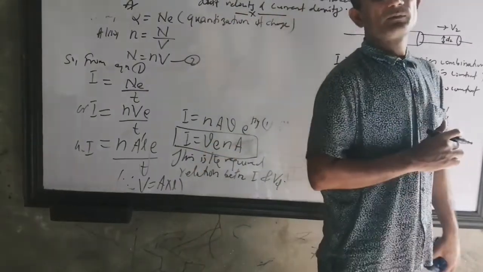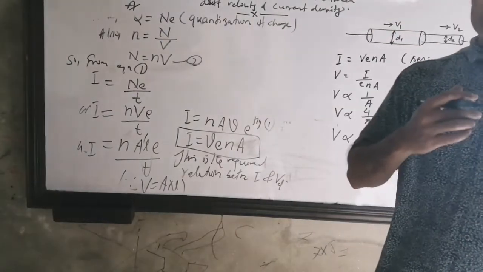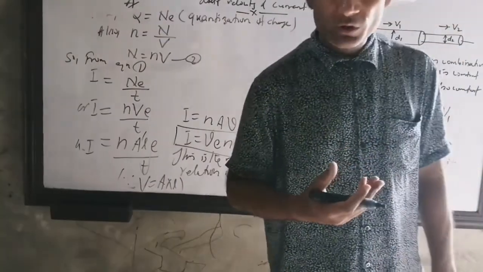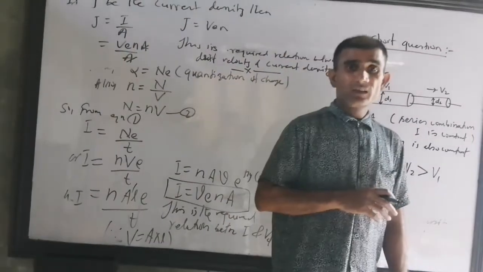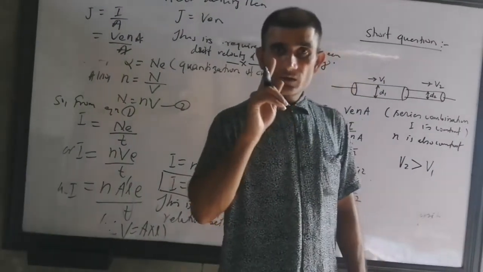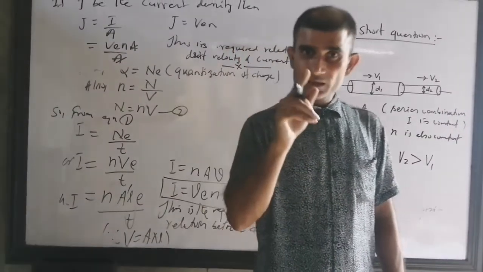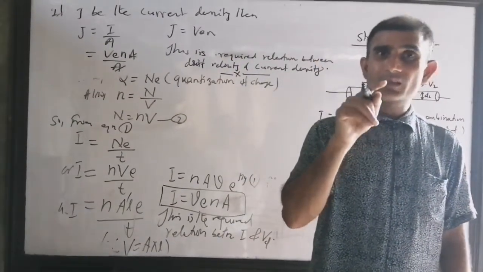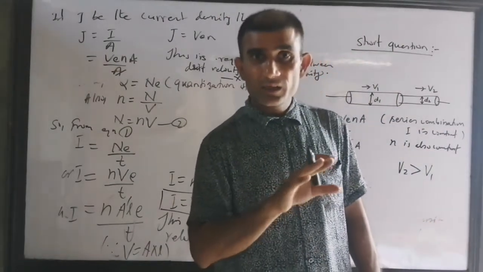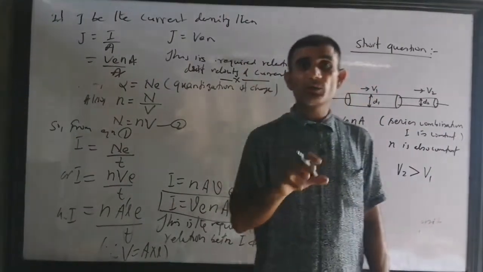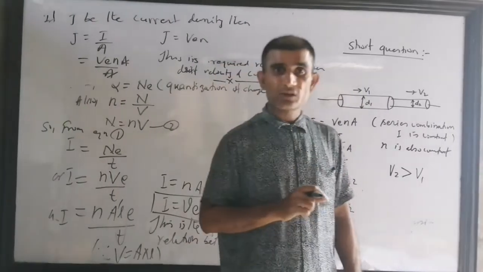If there is a concept matching with a formula, then put it, because that's eye-catching and it can give you the marks. So while writing short questions, insert figure and formula if possible, and that can give you 100% marks in that short question.